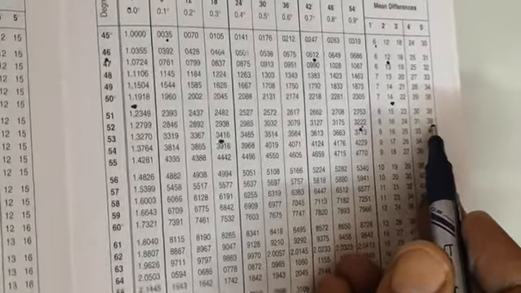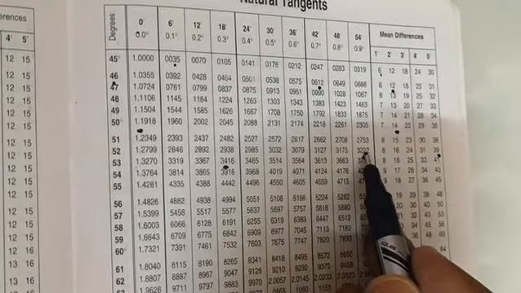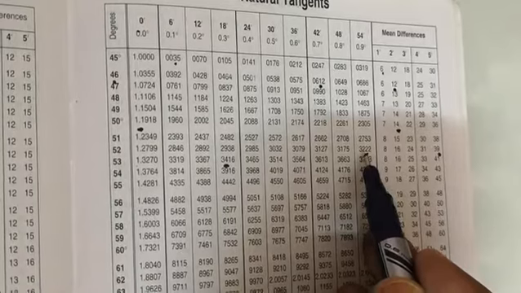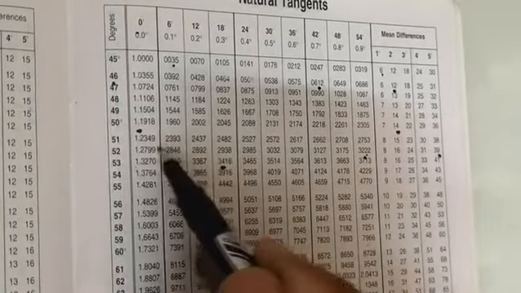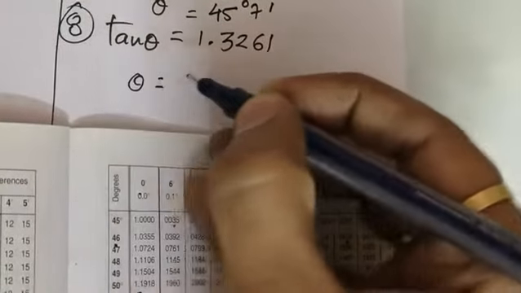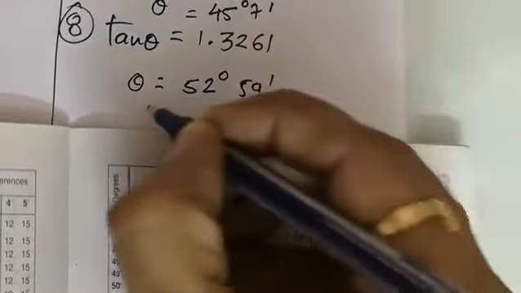Yes, it is the exact value we got. So we have 5 minutes, then we have 59 minutes, and our line of degree would be 52. So we got that theta equals 52 degrees and 59 minutes.